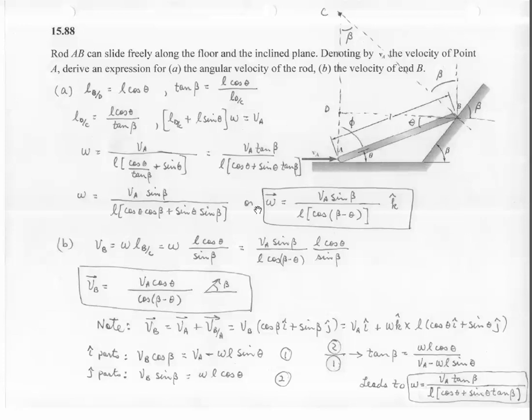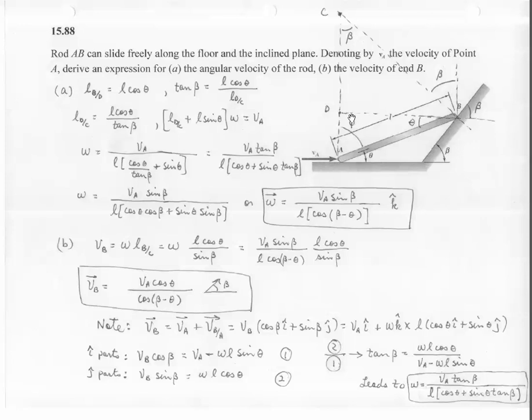The velocity of B is going to be omega times this distance right here, with omega coming out of the plane of the board crossed into that distance. The velocity of B is up the incline. So it's going to be omega times L sub B/C, which is that distance right there. If we get this distance right here, we can do it by taking a look at the sine of beta.